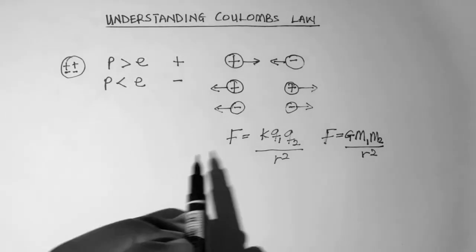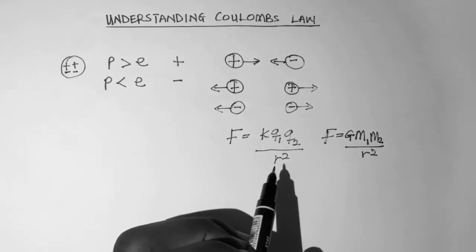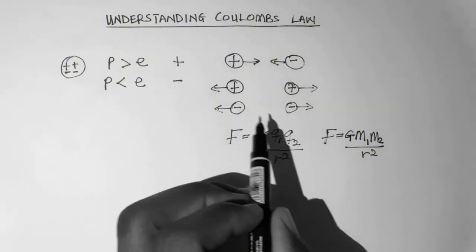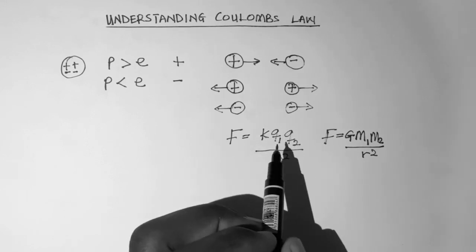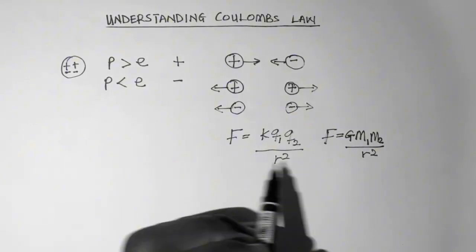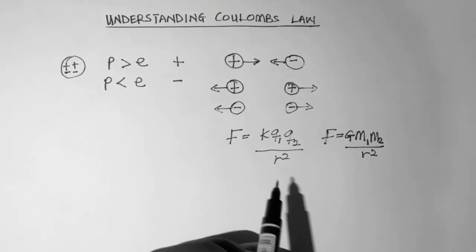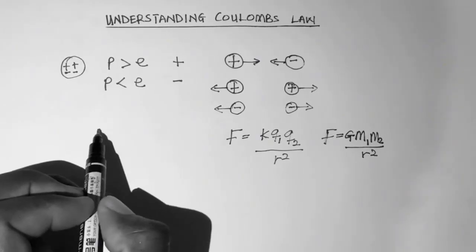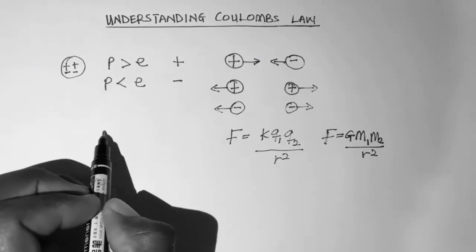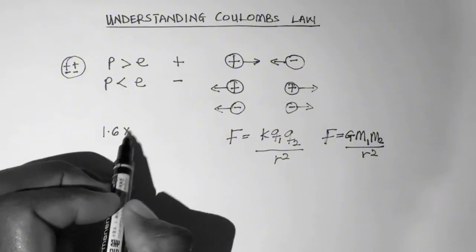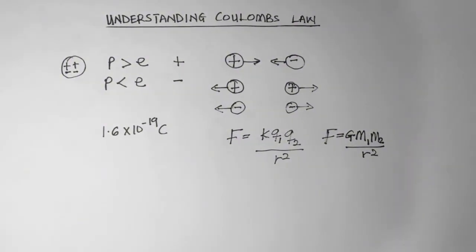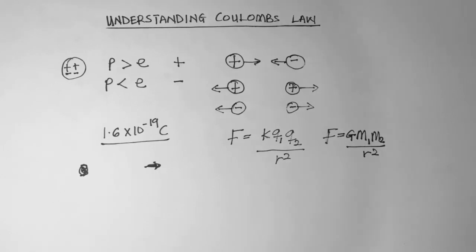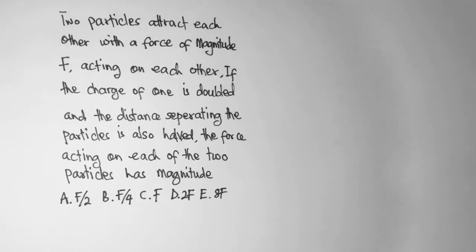Now, if we have more than two charges and want to determine the force on a system of charges, then we need to take the algebraic sum of all the forces. The charge of an electron is 1.6 times 10 to the minus 19 coulombs. Charges are always conserved. So let's take some problems and understand this law in detail.